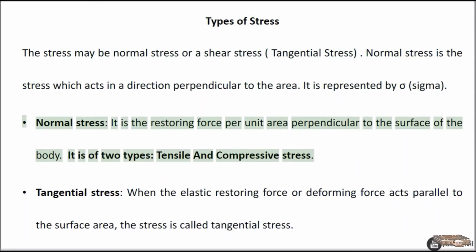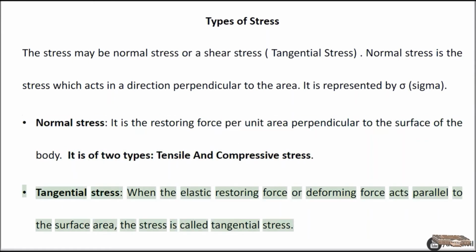Normal stress is the restoring force per unit area perpendicular to the surface of the body. It is of two types, tensile and compressive stress. Tangential stress. When the elastic restoring force or deforming force acts parallel to the surface area, the stress is called tangential stress.